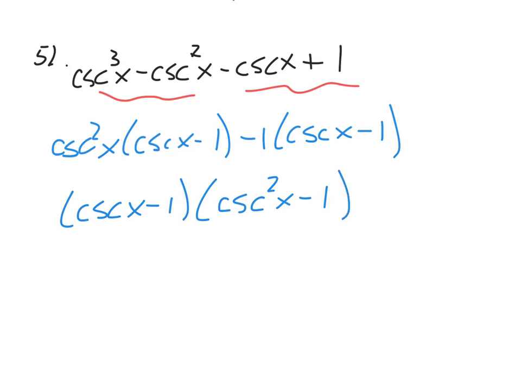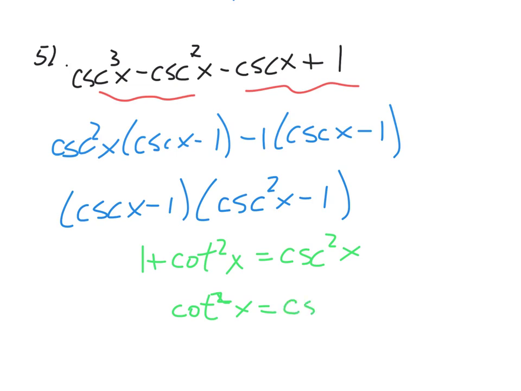So, kind of going off of what we saw in that last problem, I'm going to check my Pythagorean identities here. And we have this one, 1 plus cotangent squared of x equals cosecant squared of x. And so you can see if I subtract the 1, then we have cotangent squared of x equals cosecant squared of x minus 1.